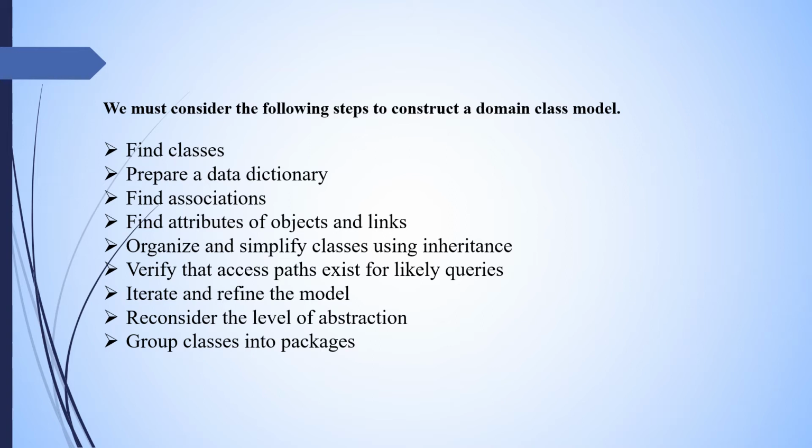Next one is to iterate and refine the model. A class model is rarely correct after a single pass. The entire software development process is one of continual iterations. Different parts of a model are often at different stages of completion.